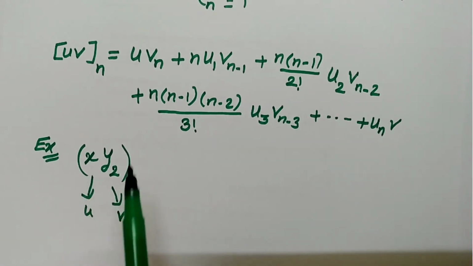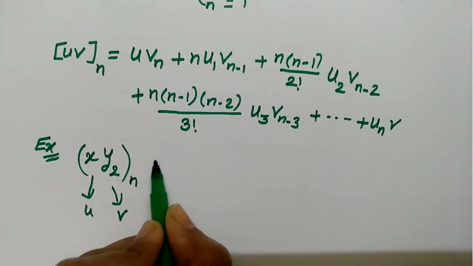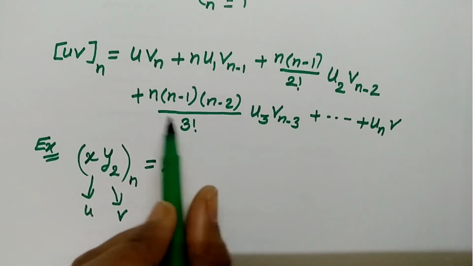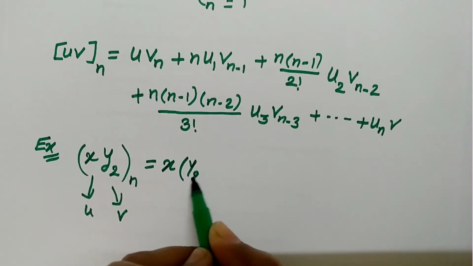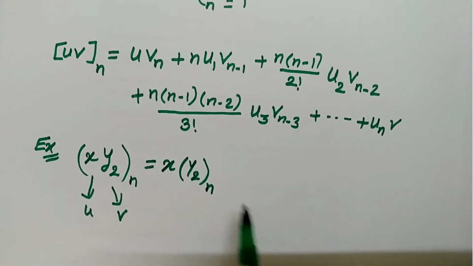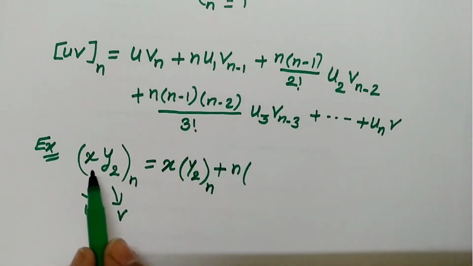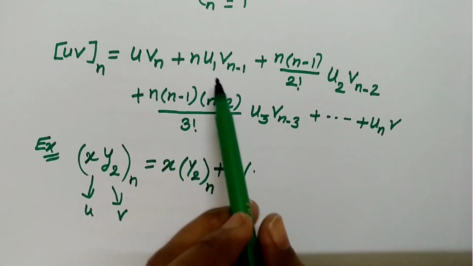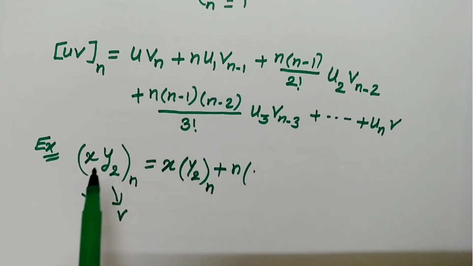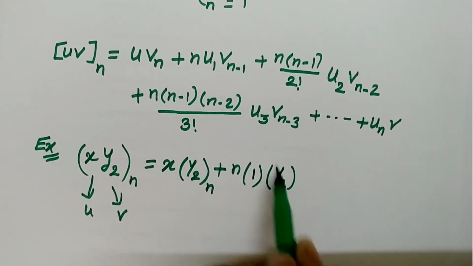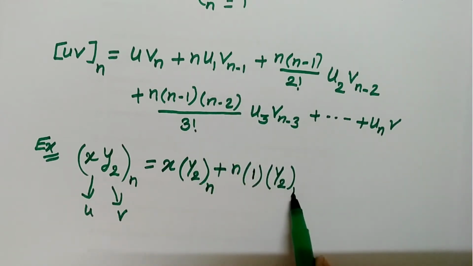If we apply the Leibniz theorem to solve this question, then by Leibniz theorem we write u as it is, that means x as it is, times the derivative of v, that is y2 differentiated n times. Then plus n u1. So u is x, so the first derivative of u is 1, and v is differentiated n minus 1 times, so here the lower suffix is n minus 1.